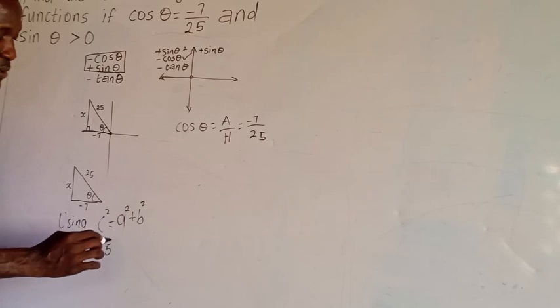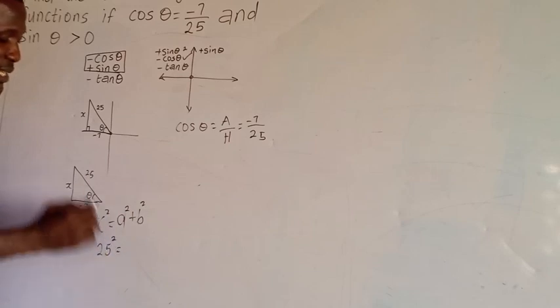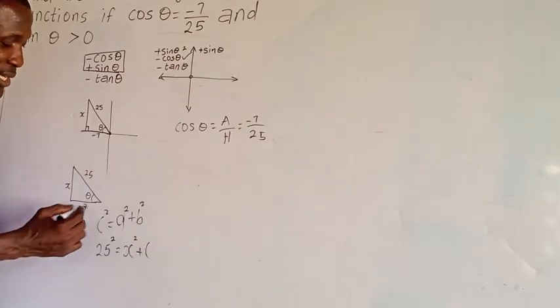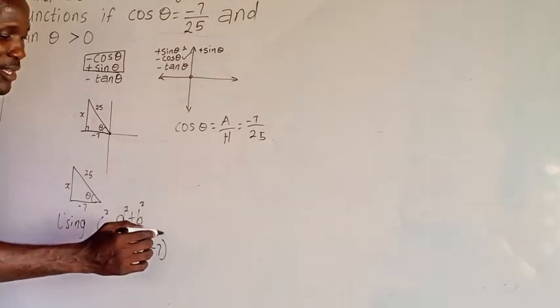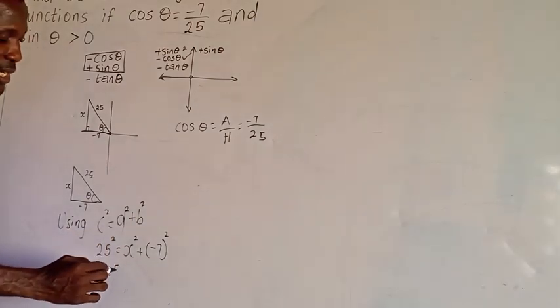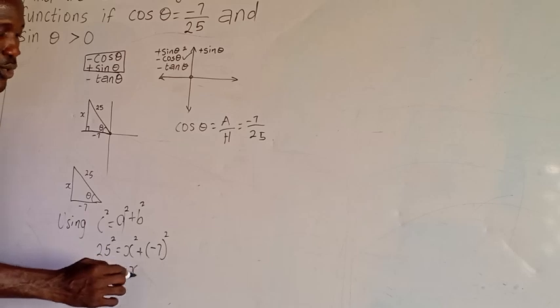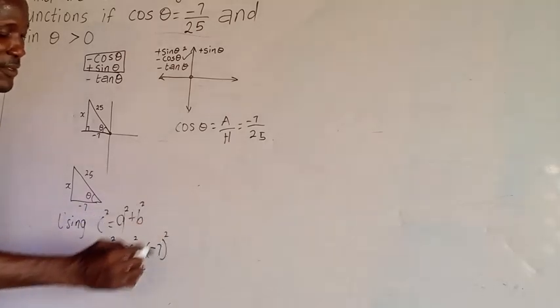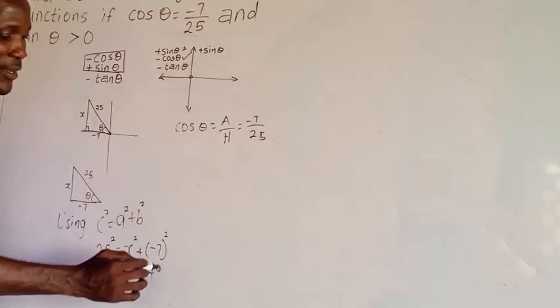So you write 25 squared equals, let's assume that our x is our a, then plus our b is -7. So -7 squared. 25 squared is actually 625, which equals x squared plus, this is going to be plus, -7 times -7, that's actually 49.